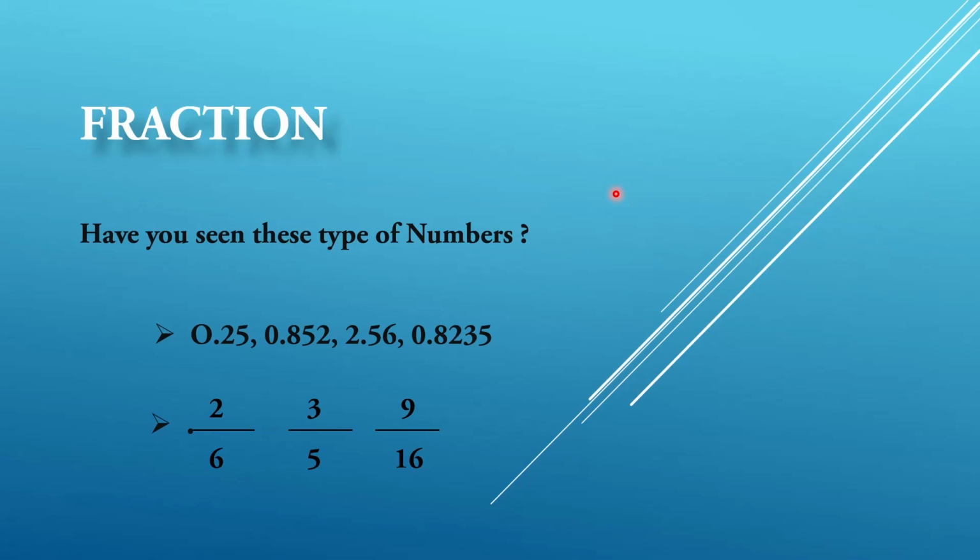Also if you are going to the banks and checking the statements, there also you can check the decimal numbers. These decimal numbers also have some meaning. So we'll check what a decimal number is and how we can do some operations with this. So let's move to the topic.